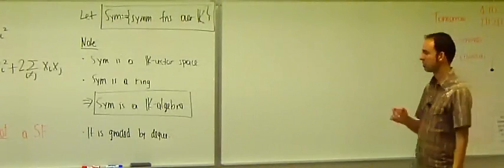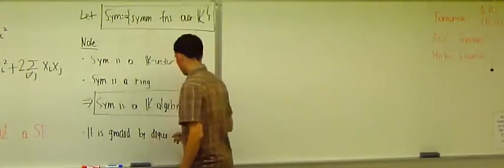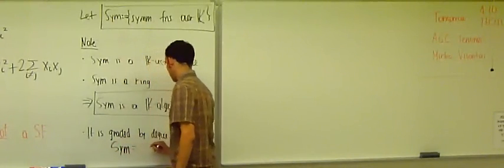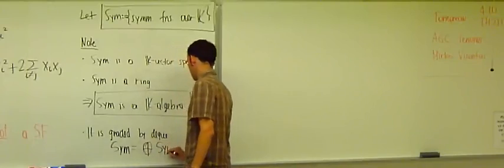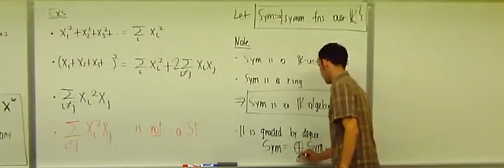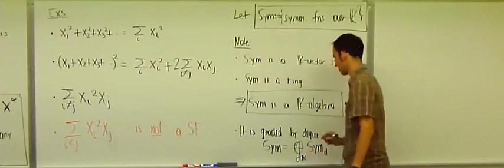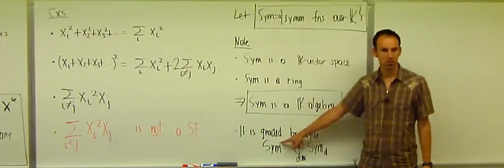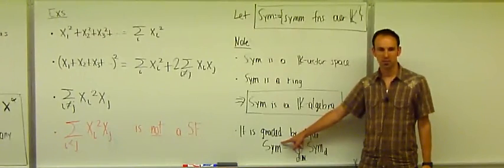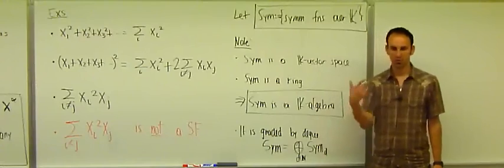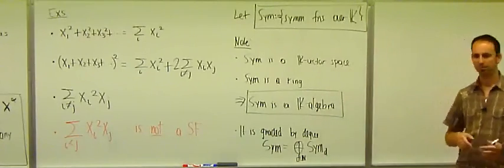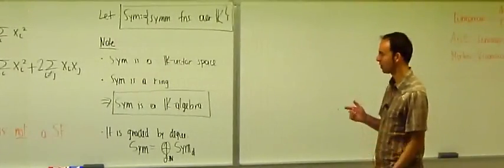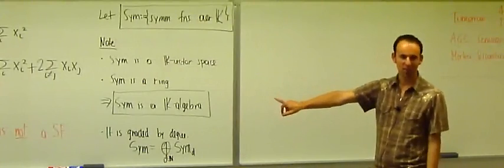Remember that the way this works is that you grade homogeneous things. Maybe I should say a little more about this: what it means is that Sym is a direct sum of the pieces of degree d over all the different degrees. So every element in the algebra of symmetric functions can be written uniquely as something of degree 0 plus something of degree 1, something of degree 2, etc. Actually, I'm realizing as I write this that I forgot to say something in the definition.